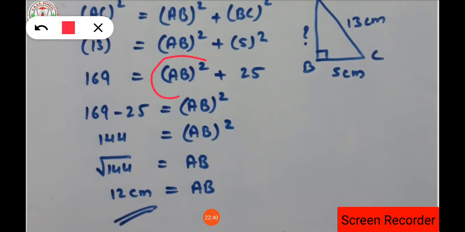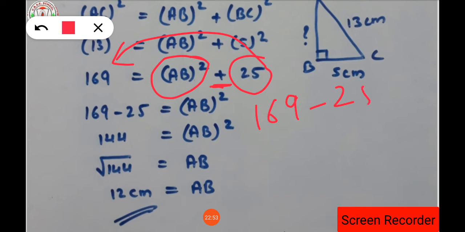Here we are going to find the perpendicular. So this 25 will go to the left hand side. When it goes to the left hand side, this plus will become minus, isn't it? So 169 will be subtracted by 25, since it moves from the right hand side to the left hand side, that's why it will be subtracted.